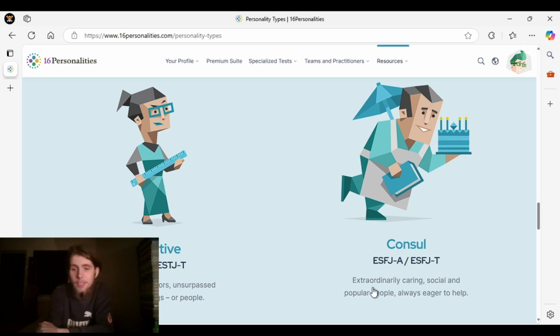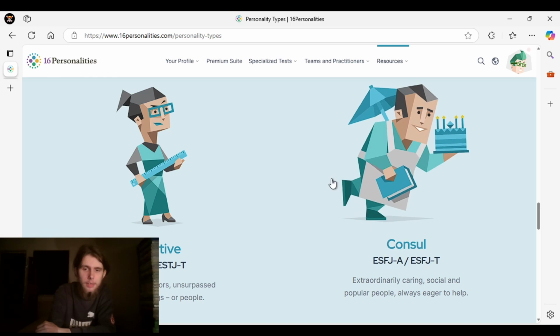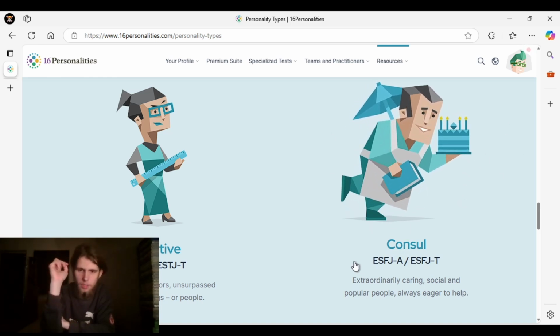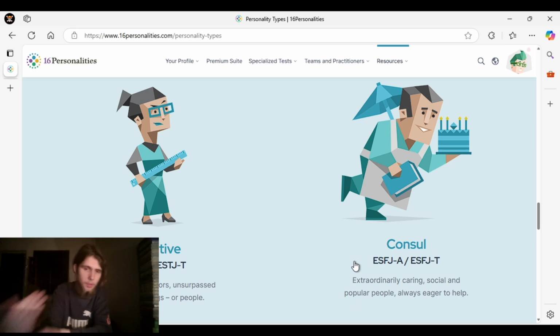And then we have the ESFJ, the consul, extraordinary caring, social, and popular people, always eager to help. Again, pretty similar to the ENFJ, where they care about other people and work with them.